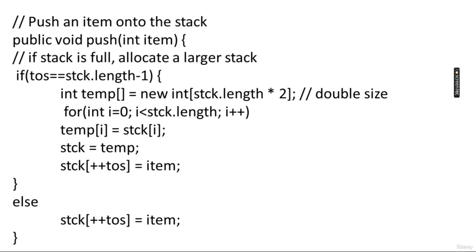And for the stack length, I will iterate: temp of i is equal to stack of i. Then stack is equal to temp, and stack of top of stack is equal to item. So I will put the item into top of stack, push the item into top of stack. Otherwise, if the stack is not full, I will just increment the top of stack and then I will put the item.